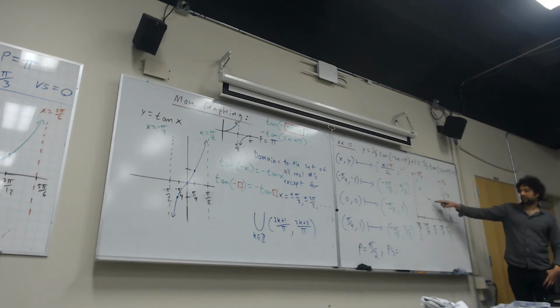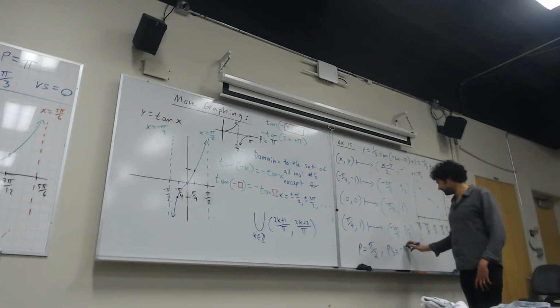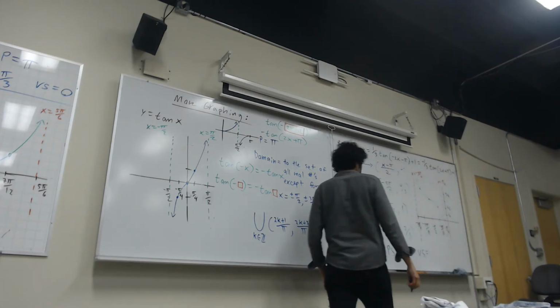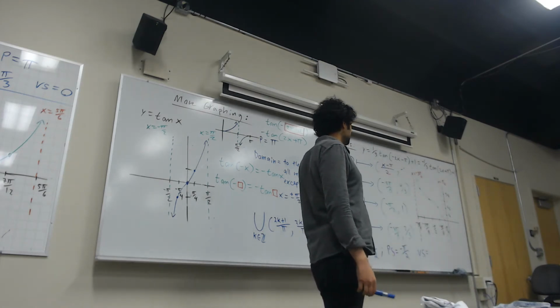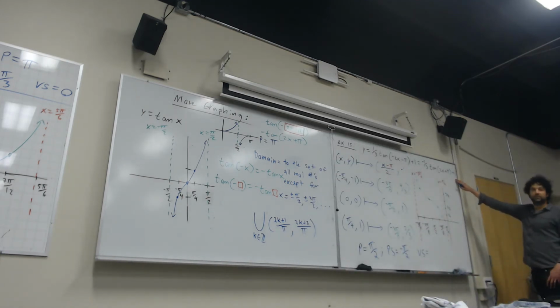So what kind of horizontal shift did occur? Negative pi over 2. And then what was the last one? Vertical shift. Yeah, it's just going to be this guy out here. We got shifted up 1 unit.